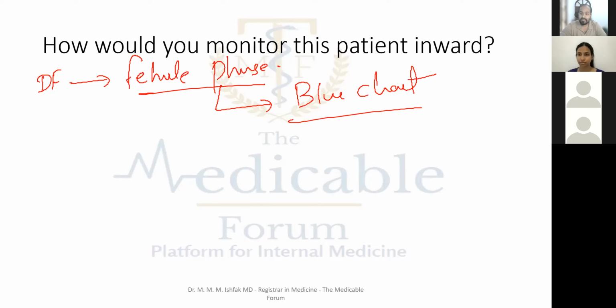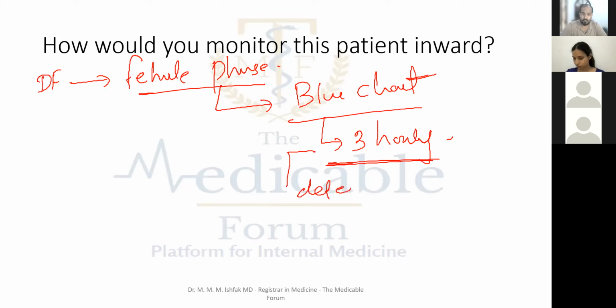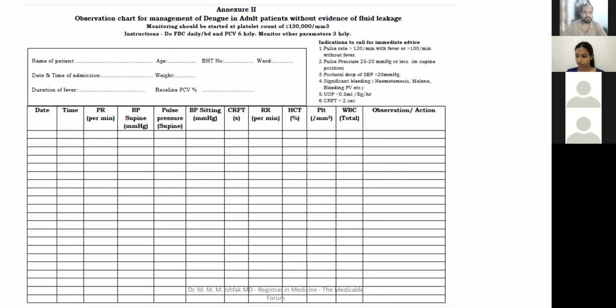Unfortunately, I have it in black, but imagine that it is a blue chart. So the blue chart is a chart where you monitor vitals 3 hourly. The aim for this monitoring is to detect patient leaking, right?